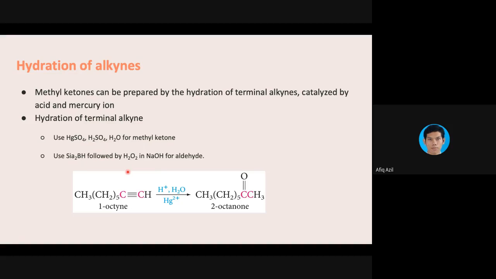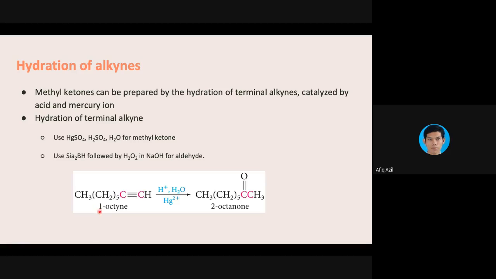Here as an example, we have 1-octyne. So why the word octyne? Because there are 8 carbons: 1, 2, 3, and another 5 here in the middle.